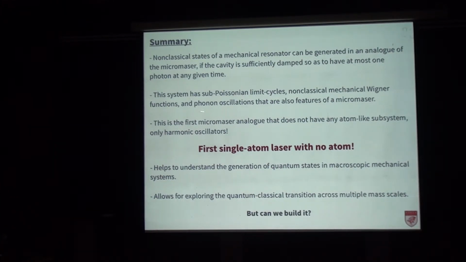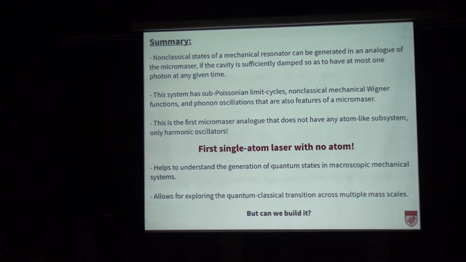And you also get phonon oscillations that are the characteristic signature of this micromaser. This particular system is actually the first micromaser system that doesn't have an atom, just harmonic oscillators. So this is the first single atom laser with no atom, which kind of sounds fun.